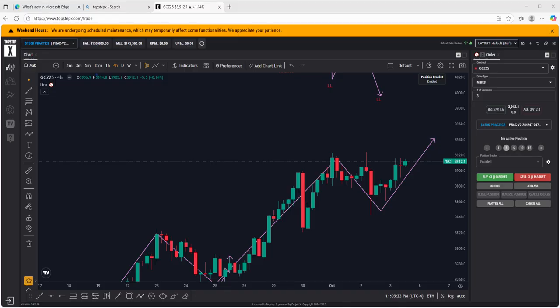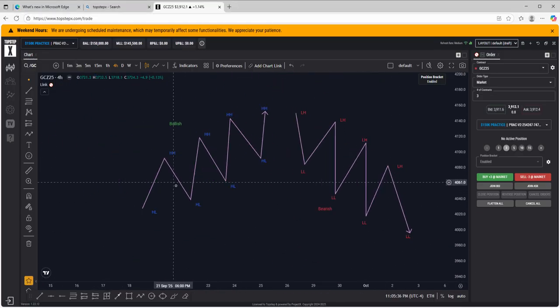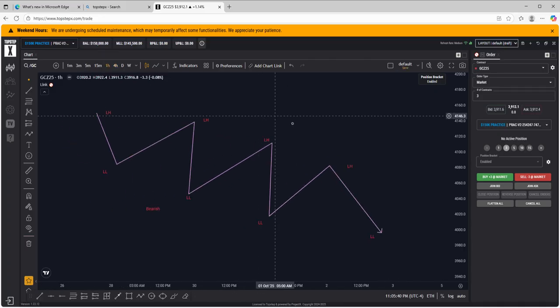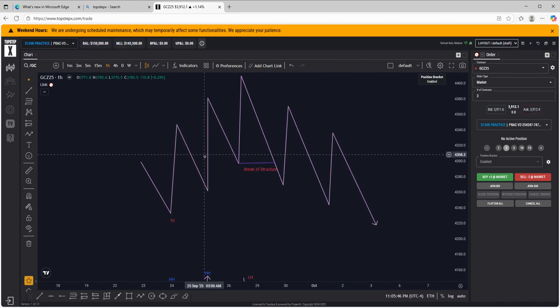So also, when your time frames are in alignment, when you have a lower time frame that's in alignment with the higher time frame, same thing as I was showing earlier, you can hold a trade. The reason why you want to be in alignment with the higher time frame is that, let's say we have a break of structure on the 5-minute.